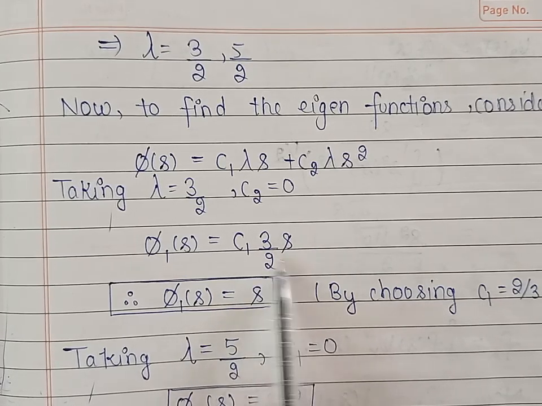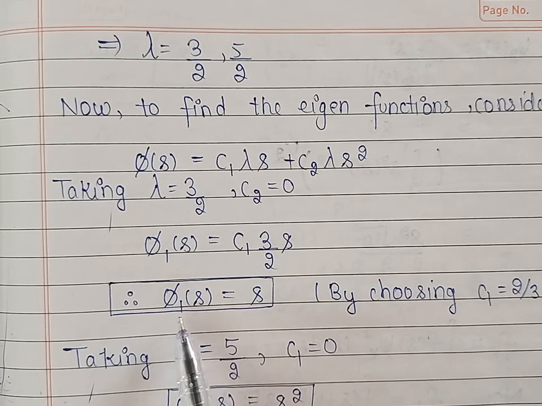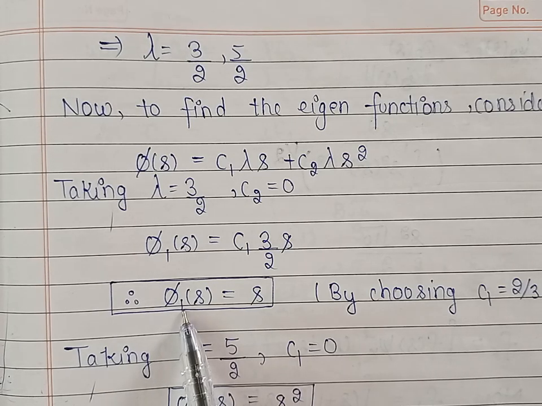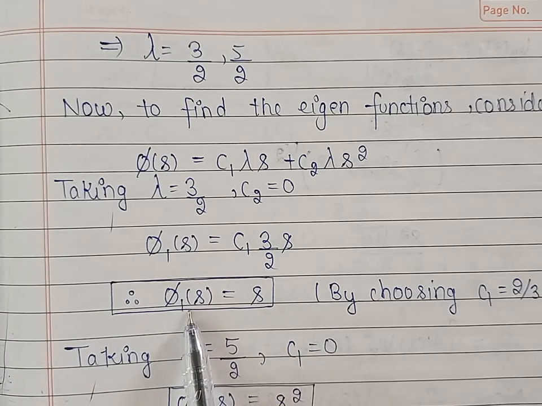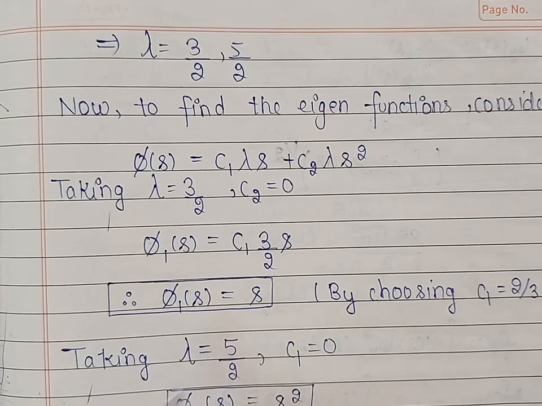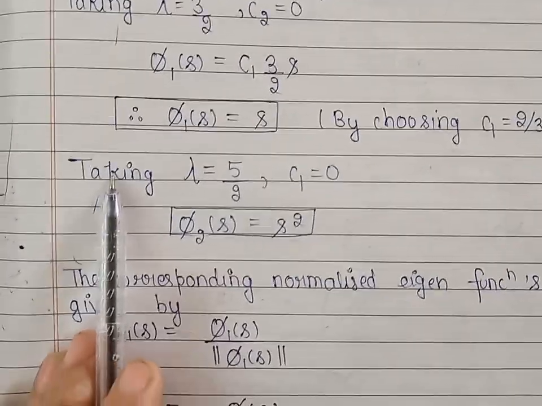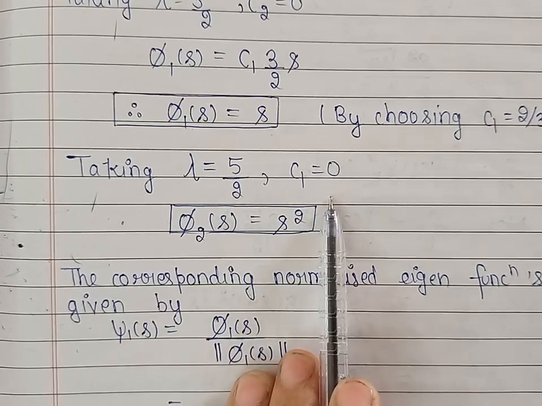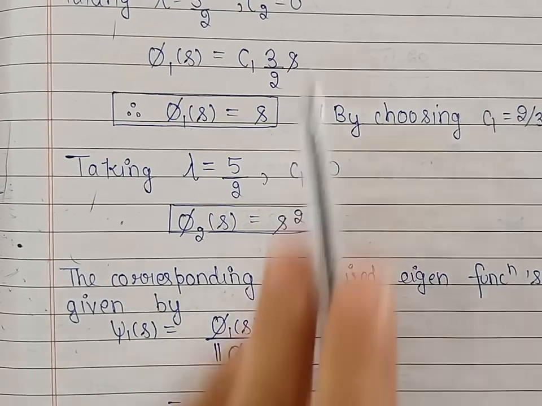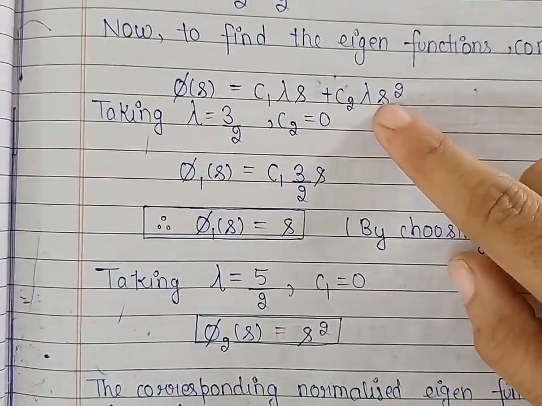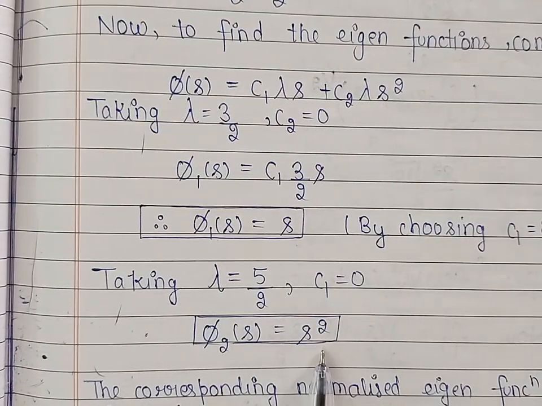We can neglect the constant terms here and we get the eigenfunction phi 1 corresponding to the eigenvalue 3 by 2, and this eigenfunction is s. Now for the second eigenvalue which is 5 by 2, let us take c1 is equal to 0 and the corresponding eigenfunction will be obtained from this equation, that will be s square.